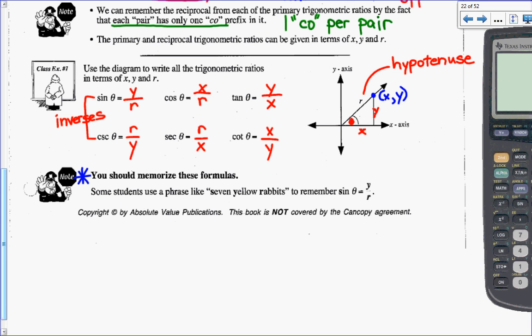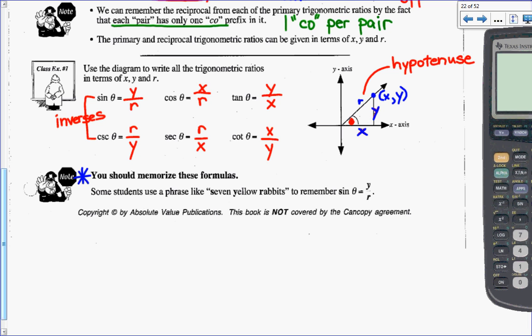Okay, what you draw is a positive angle in the first quadrant. And you're going to label your x value, you're going to label your y, your vertical distance, and you're going to label your r. And then you can tell just from glancing at that, and you can get all of these ratios from that.